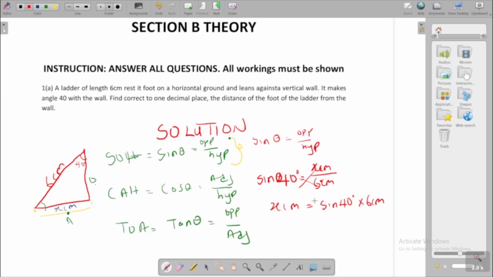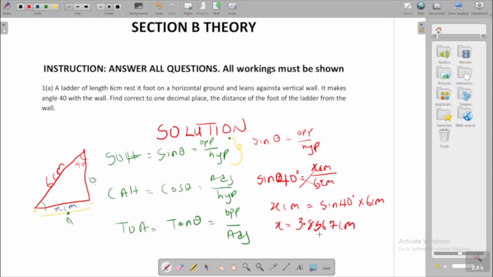Looking at this, our answer is 3.8567 centimeter.